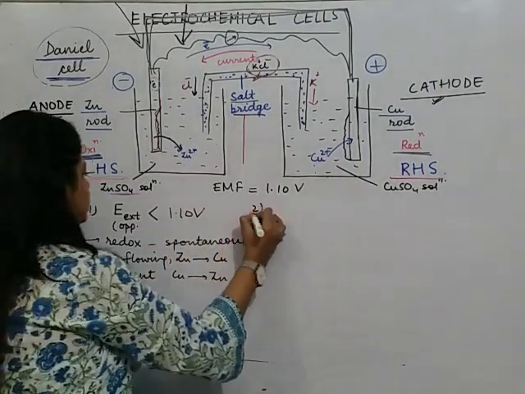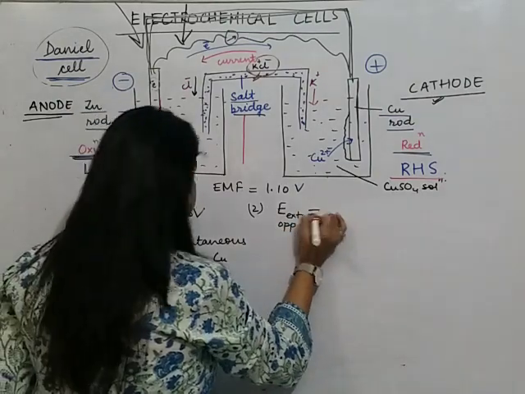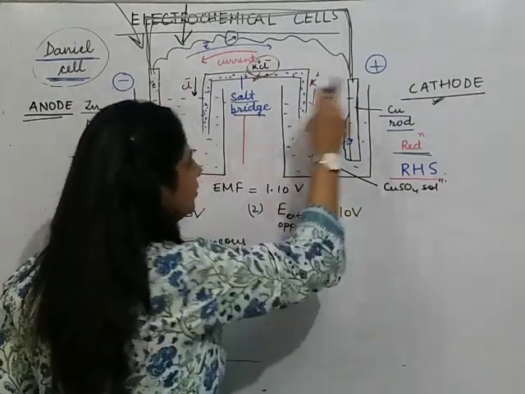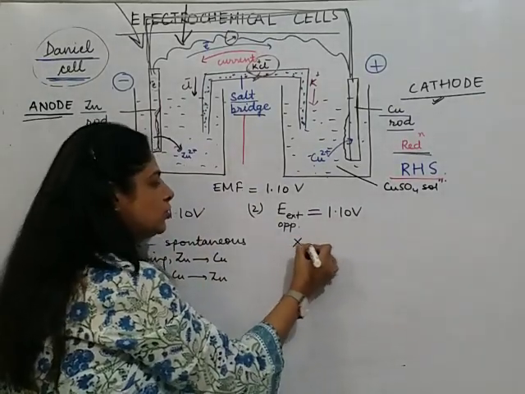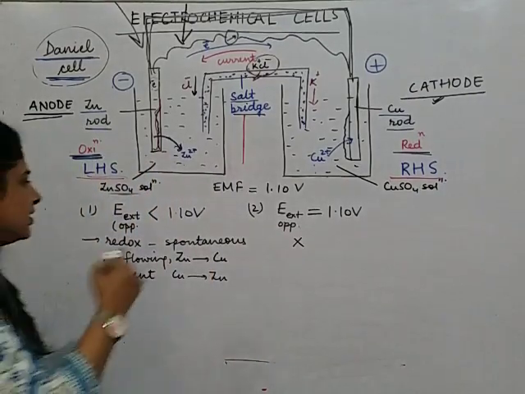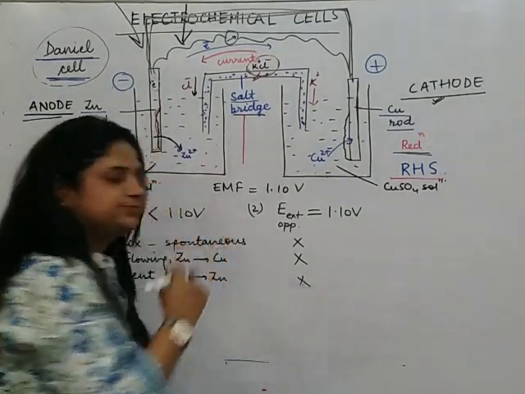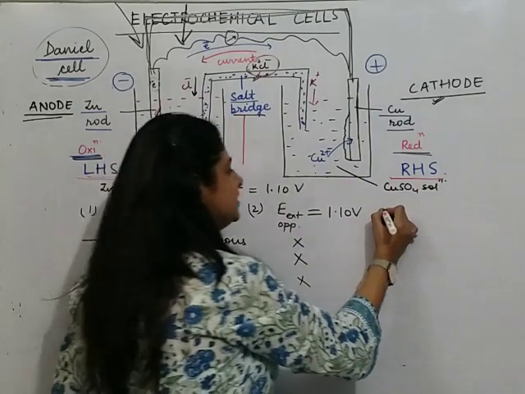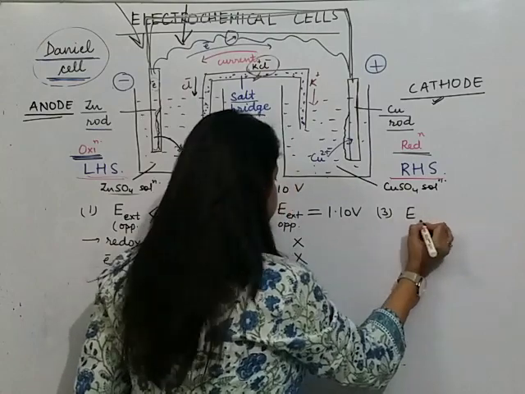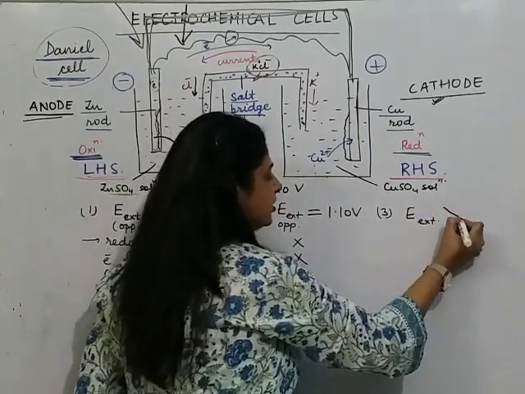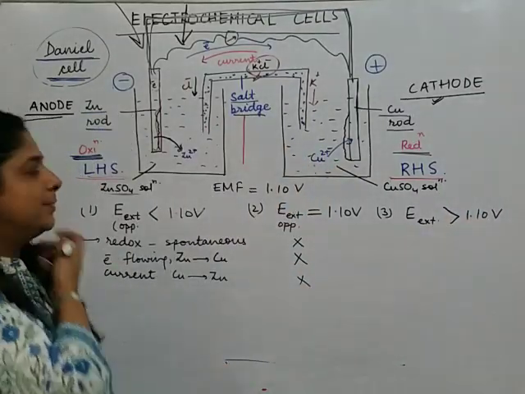Now the second condition is when this opposing external force becomes equal to the potential of the cell. What will happen? No reaction will take place, no electrons will flow, and no current will flow, right? Now the third condition, which is interesting, is that if this opposing external force becomes greater than the potential of the cell itself, then what would happen?